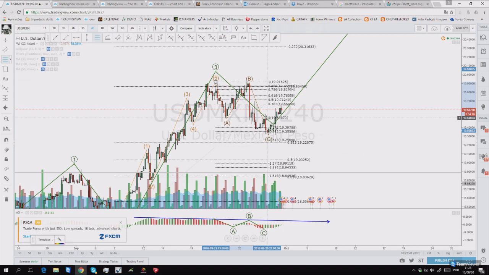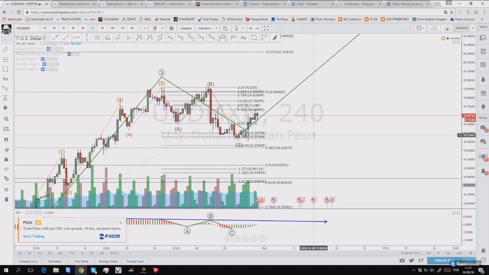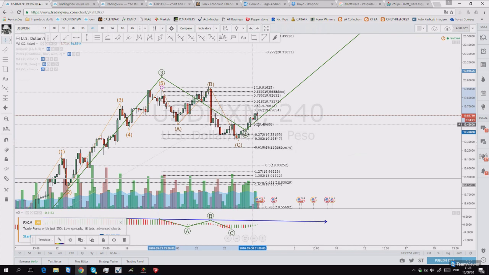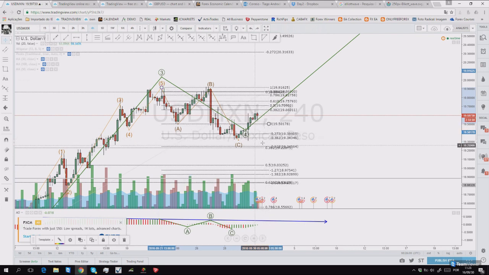Wave B retraced 100%, and then I'm going to pull this over. So you have here a convergence of two Fibonacci ratios: the 38.2 of the big move and the 127 of the correction. So this would give you a zone. I'd mark the zone here of a possible reversal.